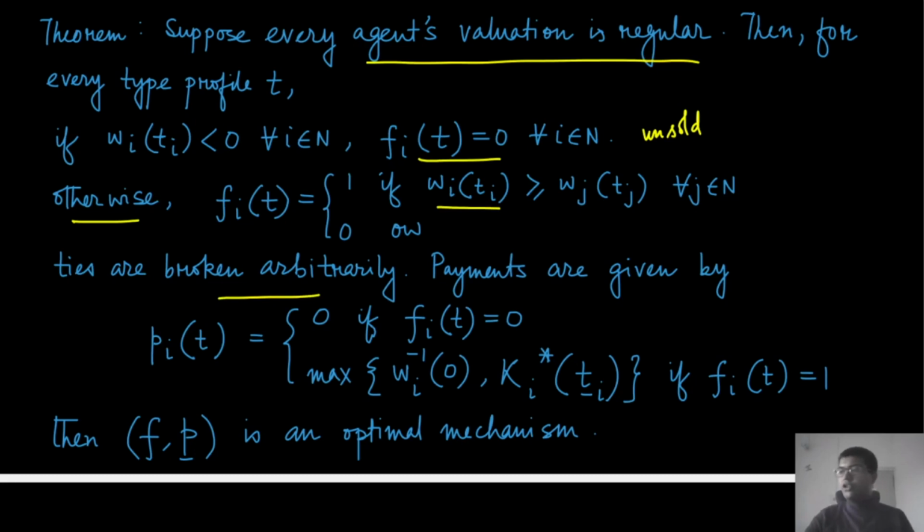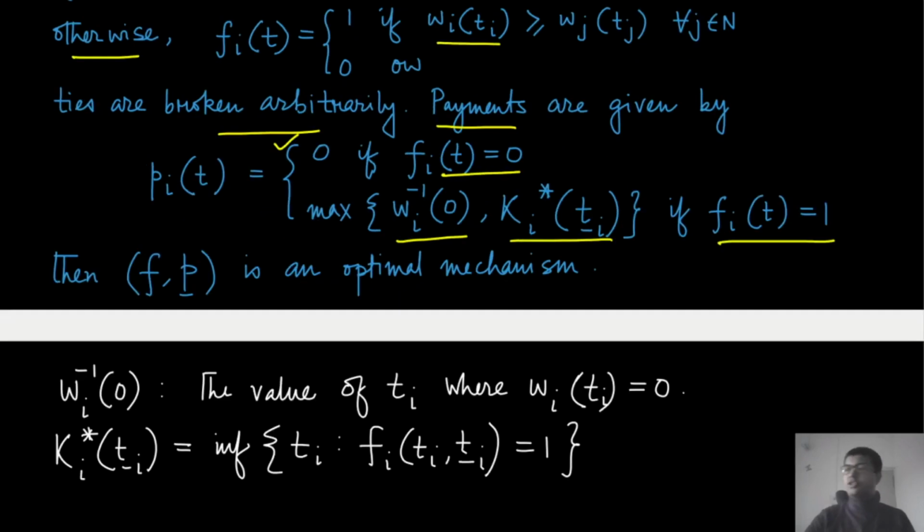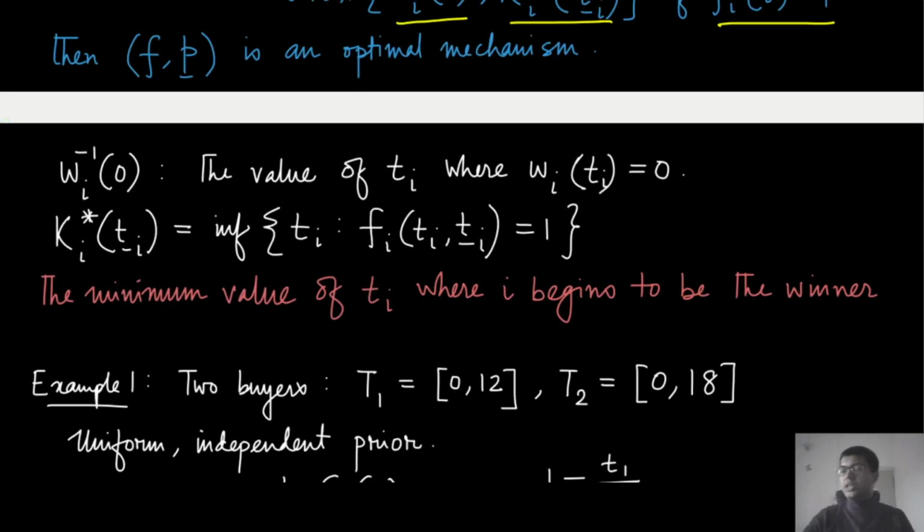Now we can also use the payment formula to find out the payments, and the payments turn out like this. For those individuals who are not allocated this object, the payment is 0. For the individual who got this object, the payment is given by this formula. So let us understand what this means. Let us first look at this second expression. What does this mean?